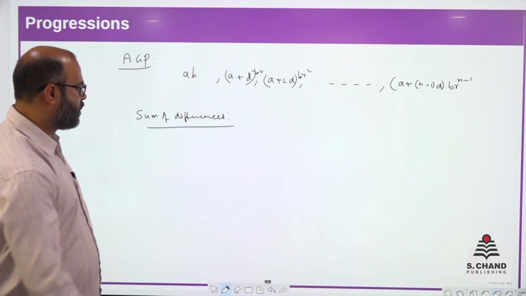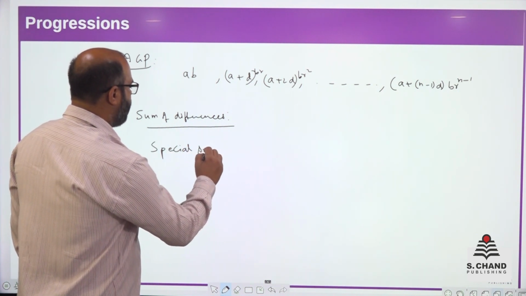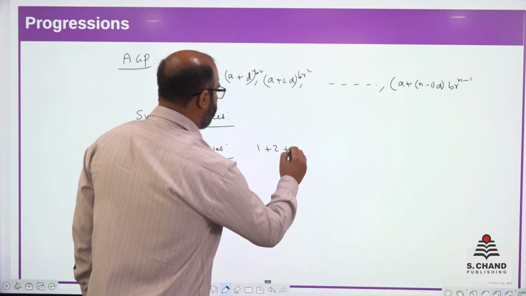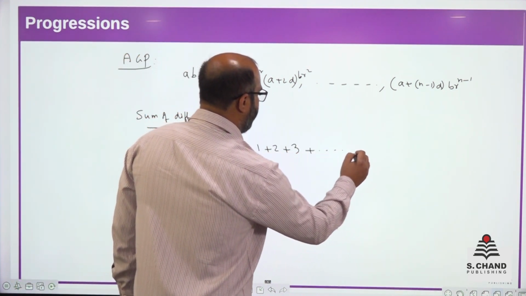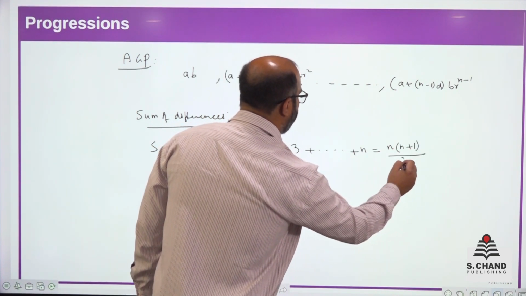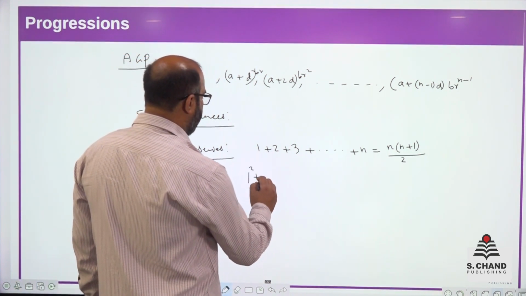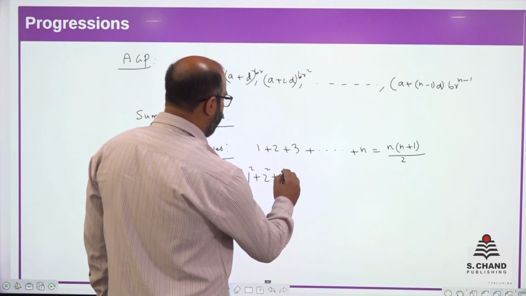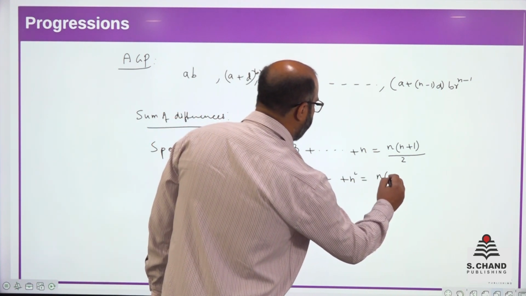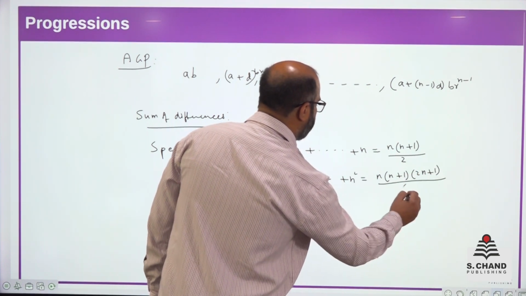Then a special series. So a special series formula: if it is the sum of n natural numbers, 1 plus 2 plus 3 till n, this will be n into (n plus 1) upon 2. If you take the square of these natural numbers and then add them, you will get a formula which is n into (n plus 1) into (2n plus 1) upon 6.